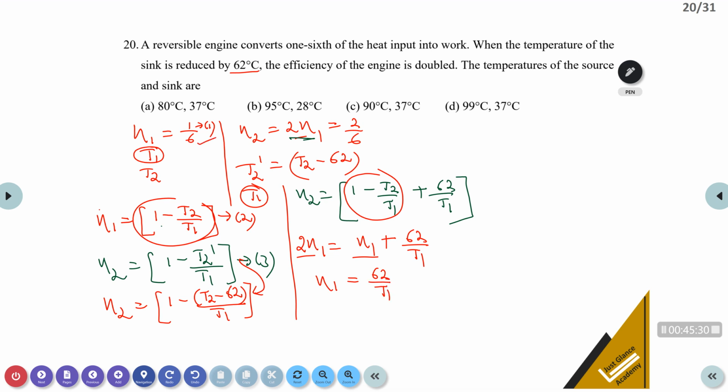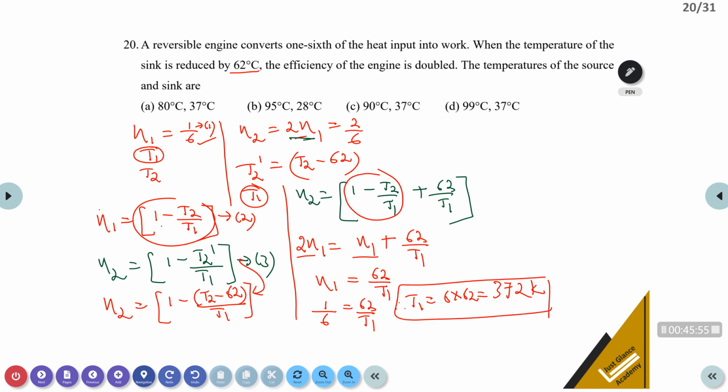But eta 1 is known here, 1 by 6, we know this. So 1 by 6 equal to 62 by T1. Therefore, T1 equal to 6 into 62, that becomes 372 Kelvin. This is the 372 Kelvin.